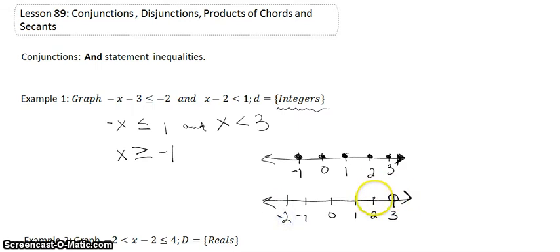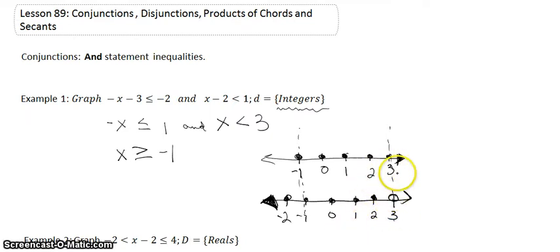So it doesn't have a solid circle at 3, and it's closed at 2, 1, 0, negative 1, negative 2, and then this one would continue on to the left. Now, if you look here, I know that I don't have that exact, but they line up at the negative 1s and at the 3. So it's that intersection that we would only include on our final graph.